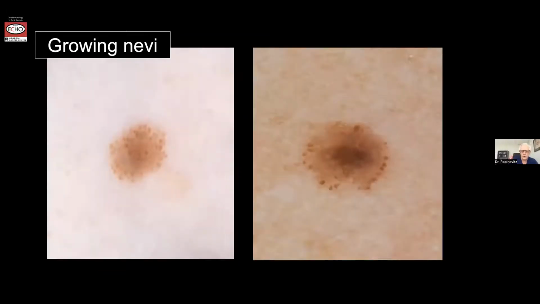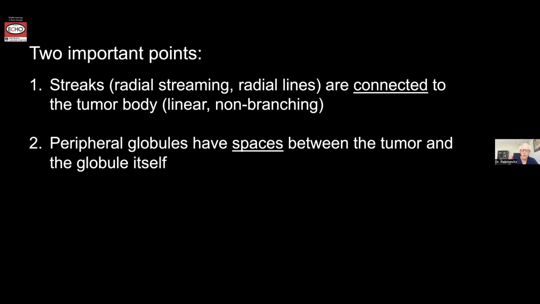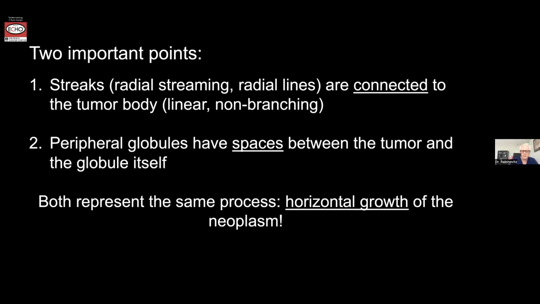These are all growing nevi. Two important points: streaks, the radial streaming or radial lines, are connected to the tumor body. In contrast, the peripheral globules have spaces between the tumor and the globule itself. Both represent the same process, the horizontal growth of the neoplasm.